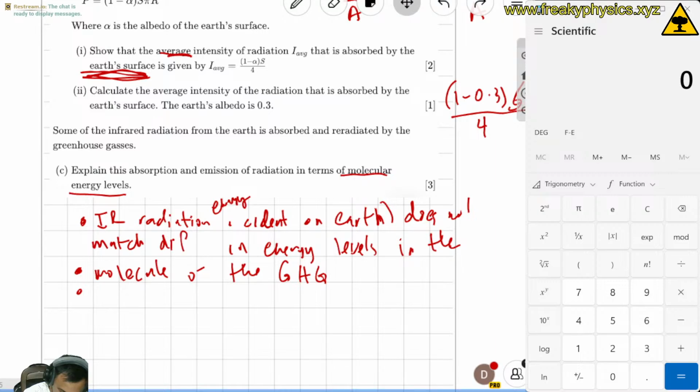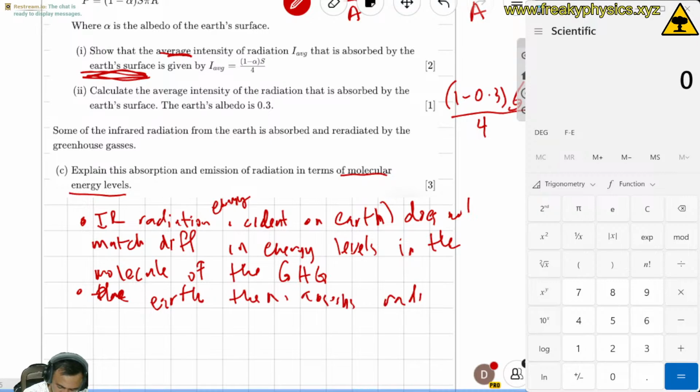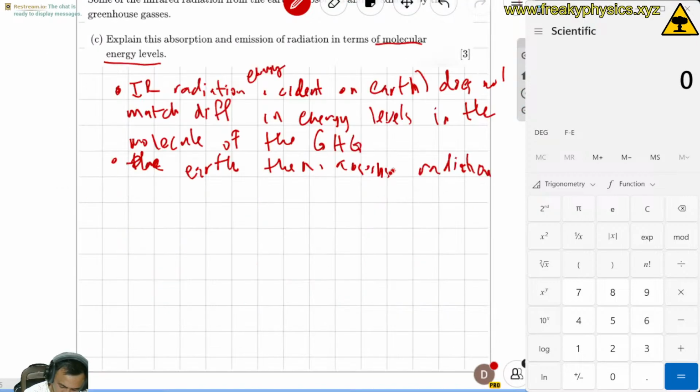Now the second mark I will put here would be the Earth. This is going to be the second mark. I think this is going to be third. The Earth, from the sun. Let's put infrared here. Radiation from the sun. And the third mark here is the Earth re-radiates that energy.